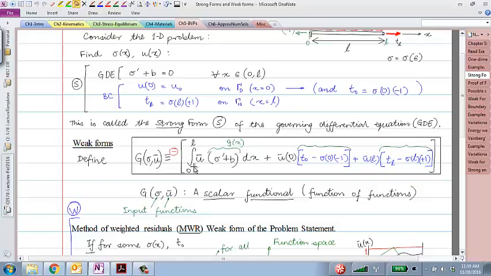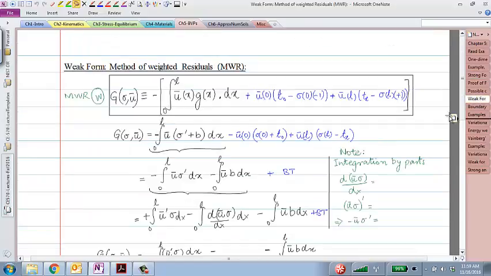What we are saying is that the only way the bracketed terms will be 0 is if this entire integral goes to 0 for all arbitrary u bars. If this goes to 0 for all arbitrary u bars, the only way that can happen is if the bracket terms are 0.